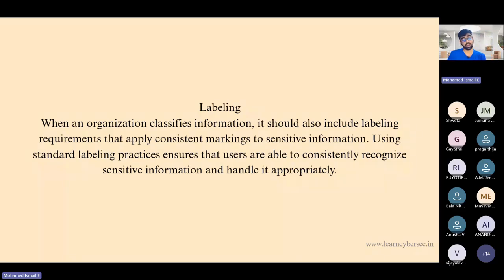But before labeling, we need to classify the data, then only we can label, so that the label will be used in the data sharing access control policy to define how file movement can happen based on the label. So a company may stop any file that comes with a highly sensitive label.